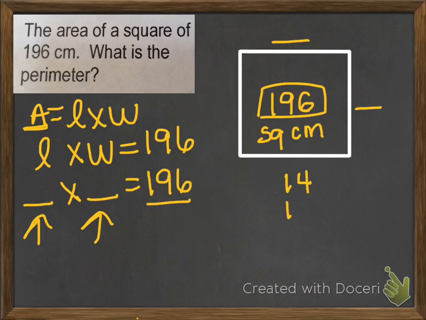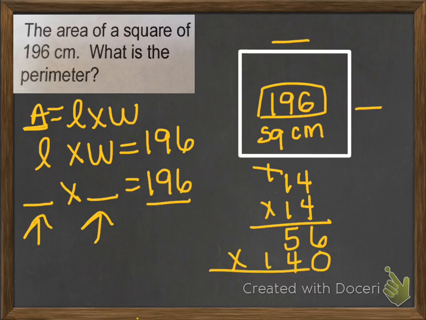Let's try that again, 14 times 14. 4 times 4 is 16, not 8. 4 times 1 is 4, plus 1 is 5. Done with that, drop a 0. 4 times 1 is 4. 1 times 1 is 1. I'm making mistakes left and right here. Here we go. 6 plus 0 is 6. 4 plus 5 is 9, and 1, so 196.